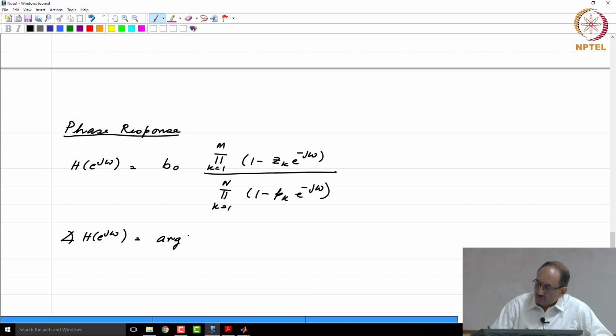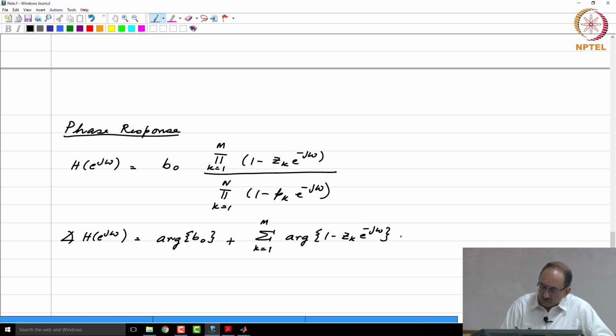and the notation ARG is used to denote the angle of a complex number, ARG being the short form for argument, and you have sum k going from 1 to cap M of arg of 1 minus z k e to the minus j omega, minus sum k going from 1 to cap N of arg of 1 minus p k e to the minus j omega.